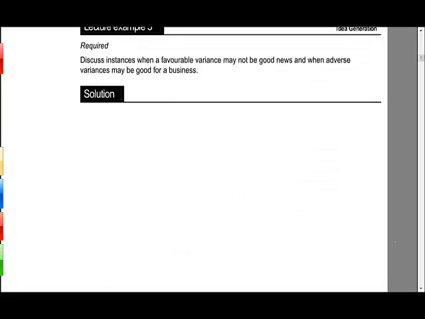Quite often then people get into the mindset of thinking that a favourable variance is always going to be good news and an adverse variance then is always going to be bad news for a business. However, that's not the case. For example then, a favourable variance, so you might have a favourable material price variance because you've bought some cheaper materials, but that could be coupled with adverse usage, so you end up using more of the material.